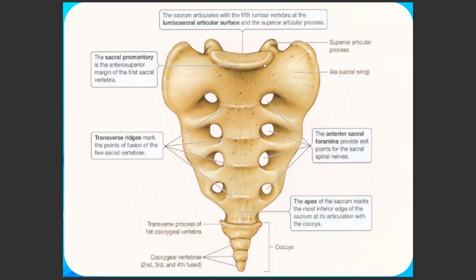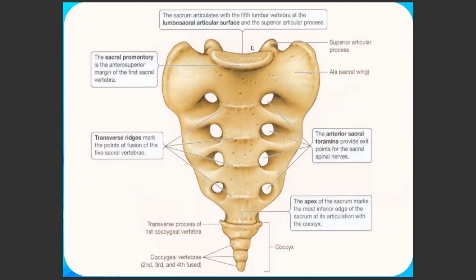lumbosacral segment. In this area there is a small projection in the anterior direction, which is known as the sacral promontory, and this is the anterior superior margin of the first sacral vertebra. It is not only anterior, but also superior.